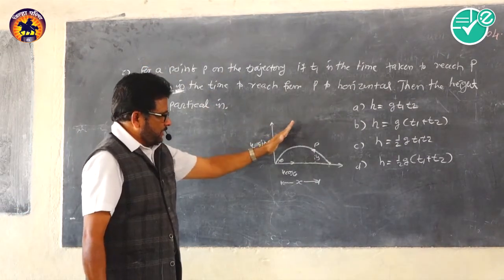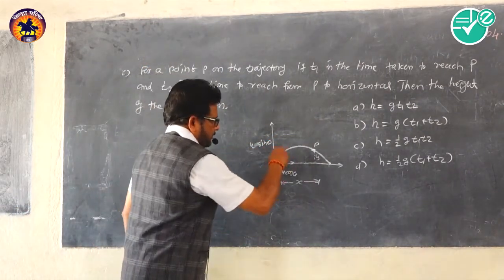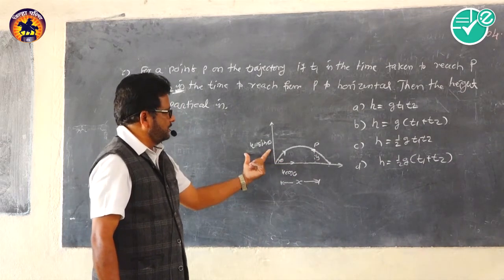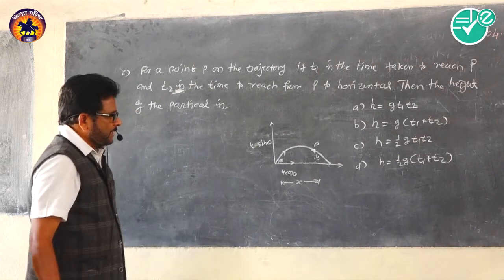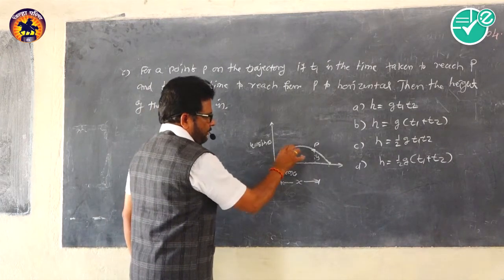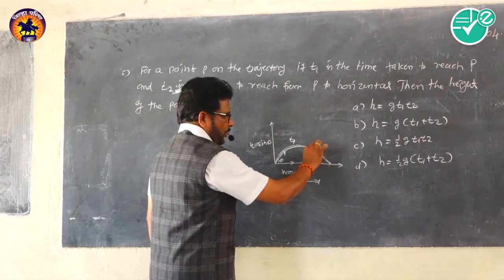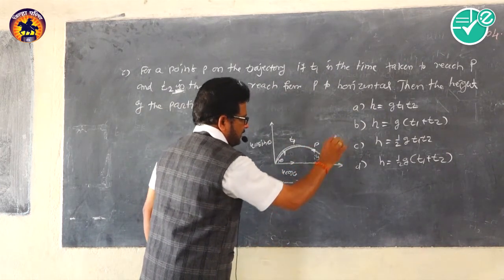The particle is projected with velocity u, so that its horizontal component is u cos theta and the vertical component is u sin theta. The time to reach the point P is T1 and the time to go from P to the horizontal is T2.